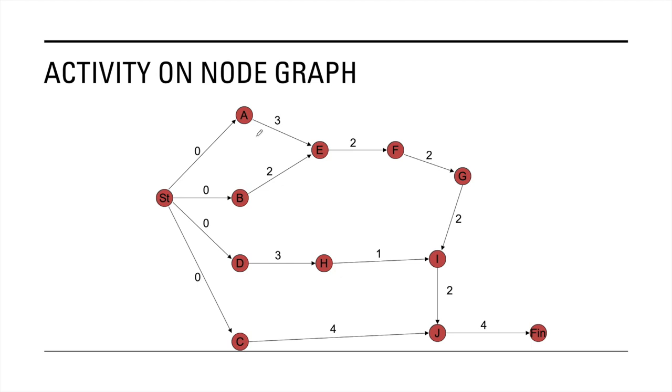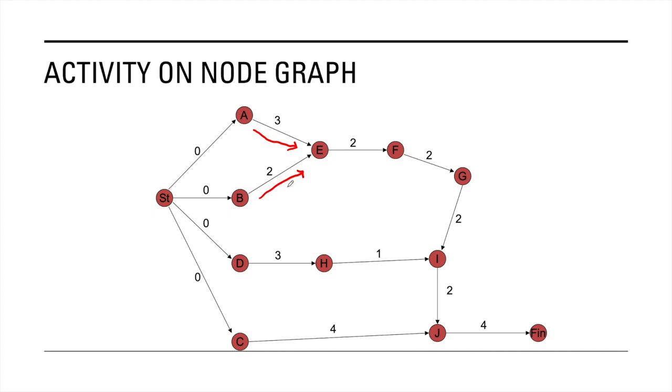So a movement outbound from A and a movement outbound of B will lead towards E, because E requires you doing A and you doing B as well.